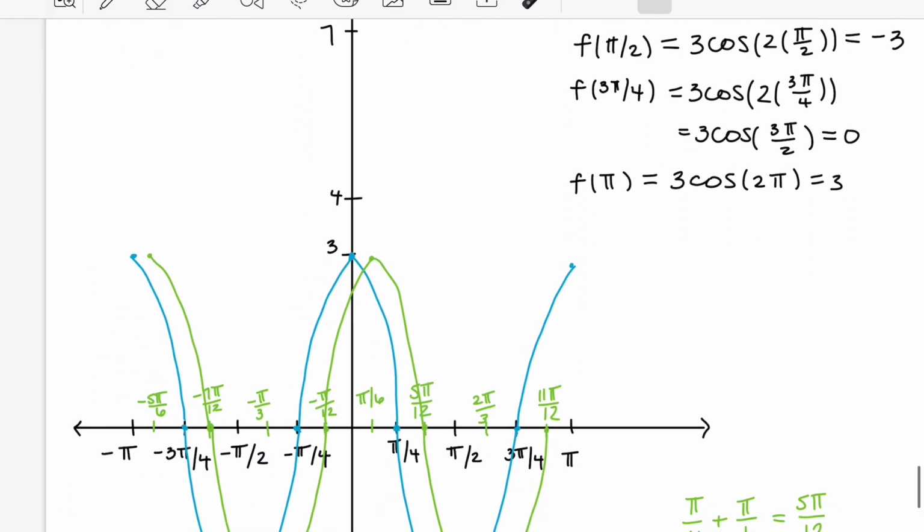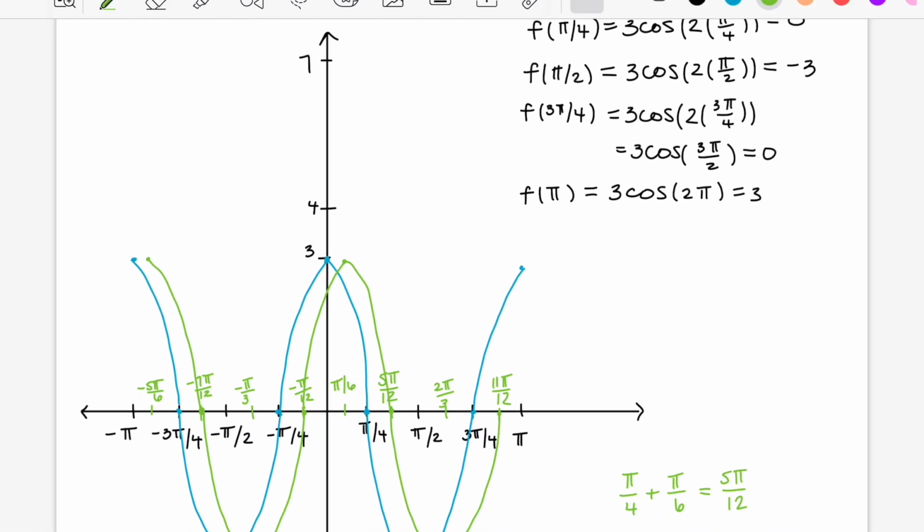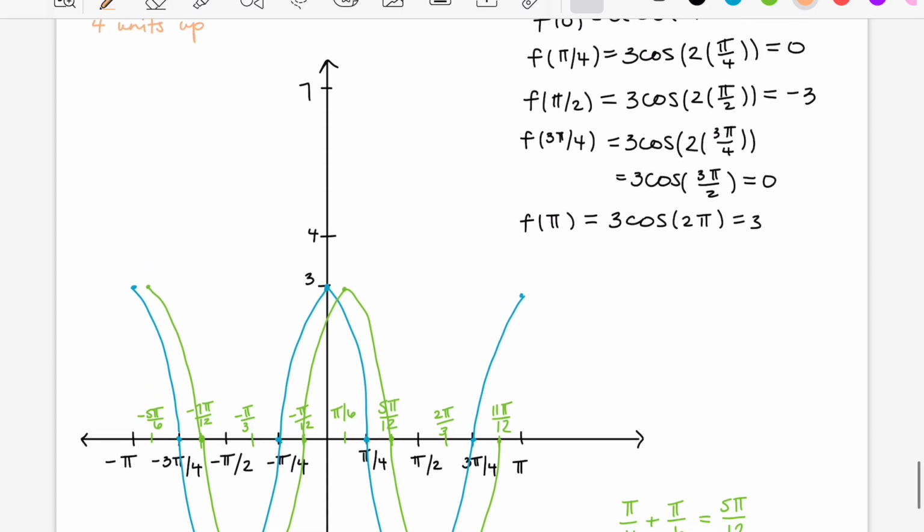So we'll do that in this color here. So for example, this point here is going to be translated 4 units up. So right about there. This point here, 4 units up, is going to be right about there. Repeating this process. This point needs to go 4 units up, so right about 1. So maybe right about there.